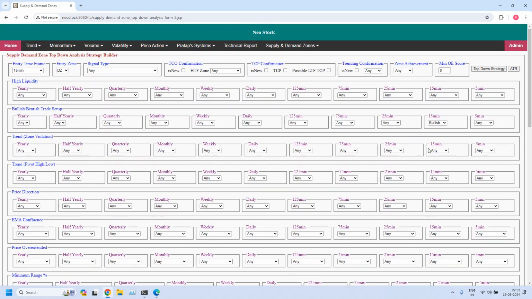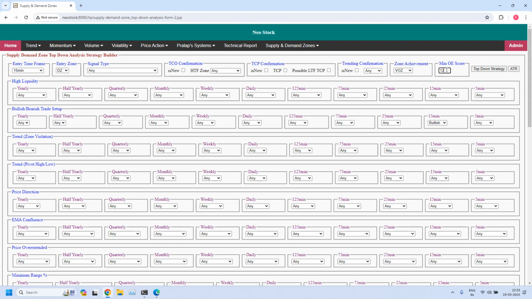And the second filter I am going to set is zone achievement. We will trade only the zones having achievement violated opposing zone, that is VOZ. And the minimum odd enhancer score for bullish or bearish trade setup should be 12. So I am setting the value 12.